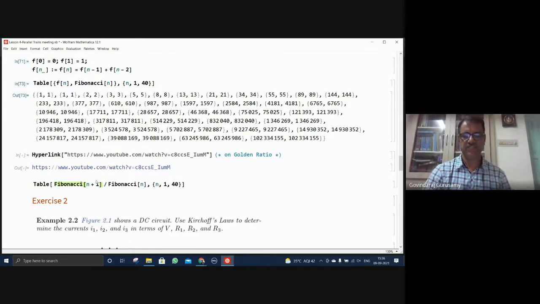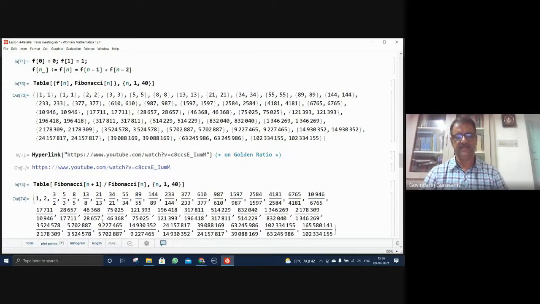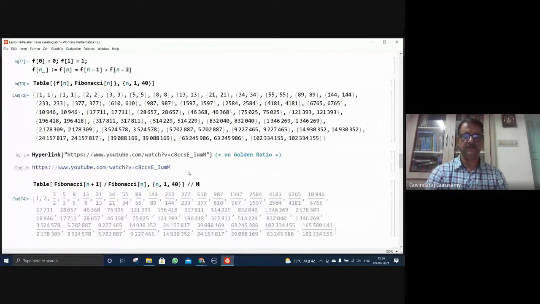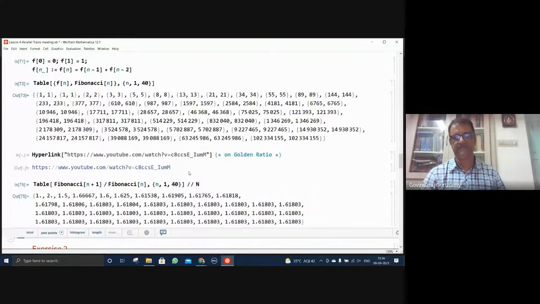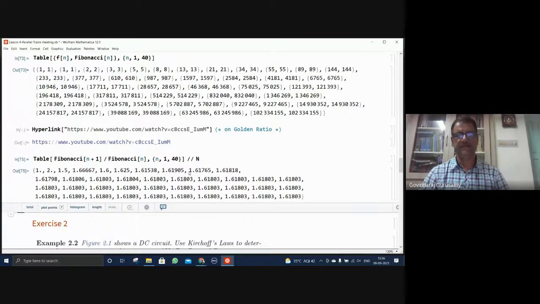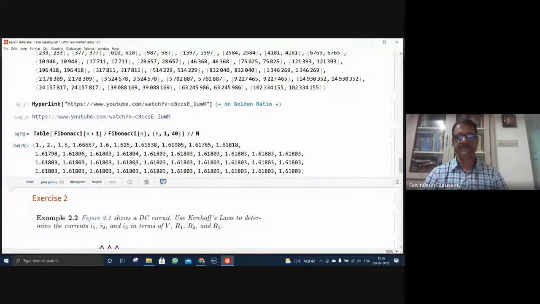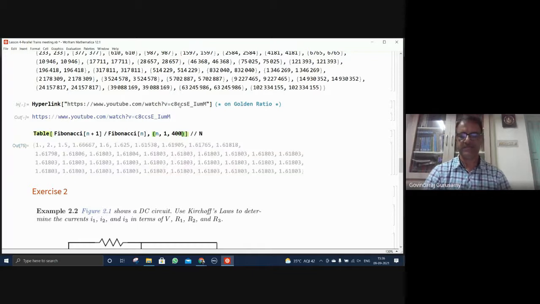What would you get? These numbers. And you convert that into numerical form. See the beauty of these numbers? Initially it starts and then converges to 1.61803. You go to any number, any length of number, and you would see the same number.